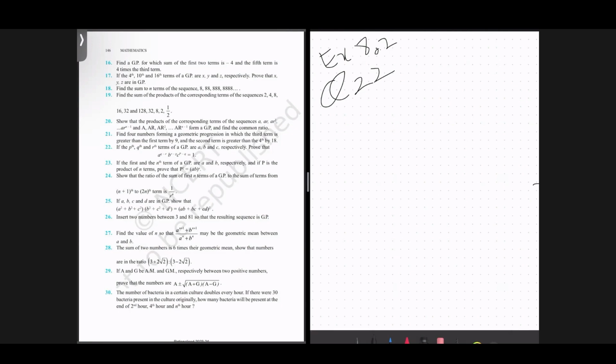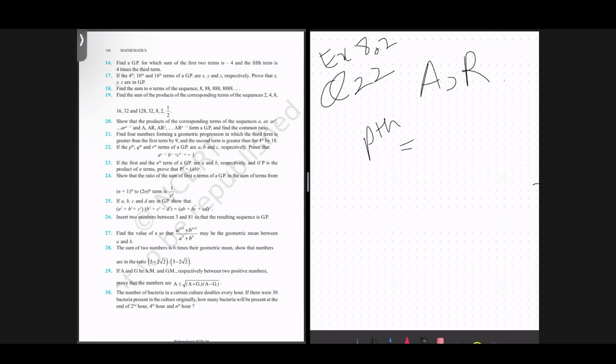So let us assume this particular GP to be capital A, and the common ratio is going to be capital R.